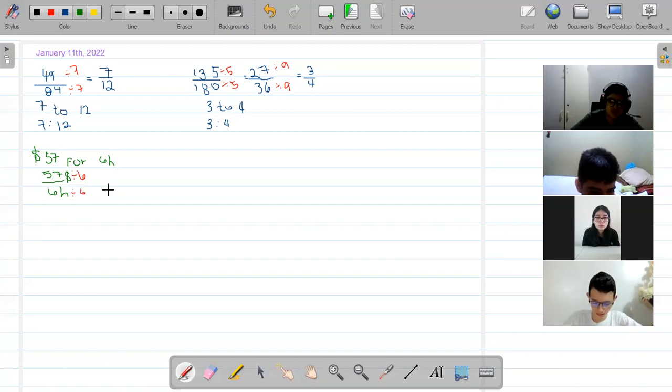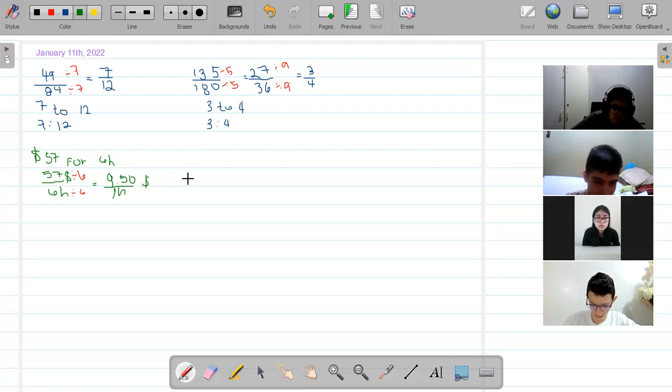So I need to divide also by 6 in the numerator. So I have 6 divided by 6, that would be 1 hour. And let's divide 57 by 6. And that would be $9.50. So whatever cost us $57 in 6 hours, every single hour will cost $9.50.